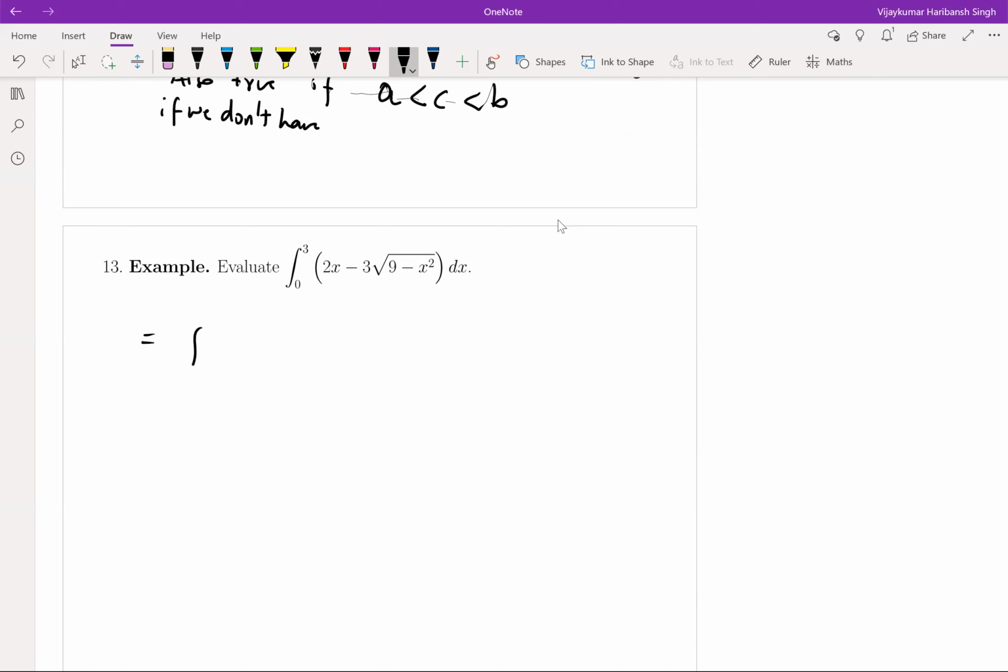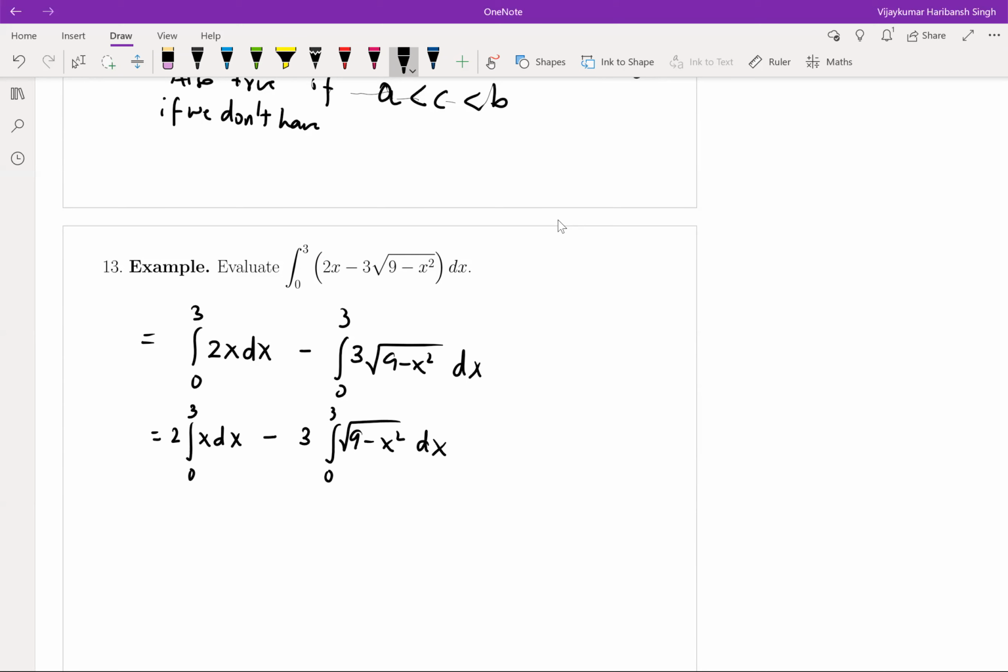This is going to be the integral from 0 to 3 of 2x dx minus the integral from 0 to 3 of 3 times the square root of 9 minus x squared dx. Now this can be seen as 2 times the integral of x dx minus 3 times the integral of the square root of 9 minus x squared dx.